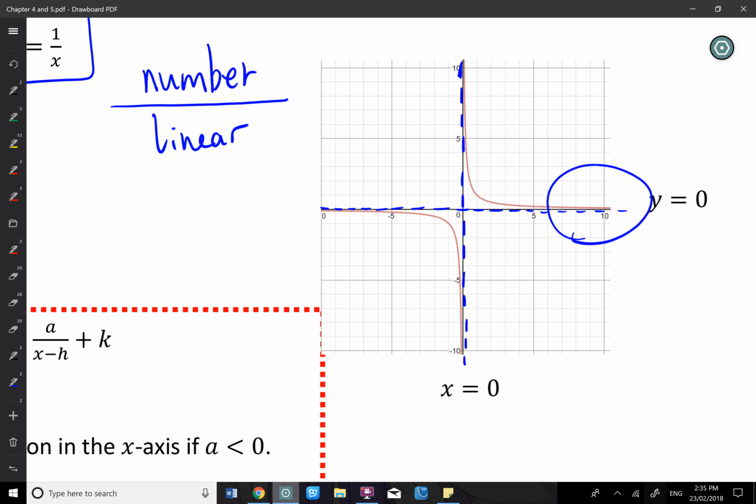When the graph approaches 0, it just gets larger and larger, but never touches the y-axis. Same with the horizontal one: you will never touch the horizontal asymptote. The graph approaches infinitely, but never touches it.